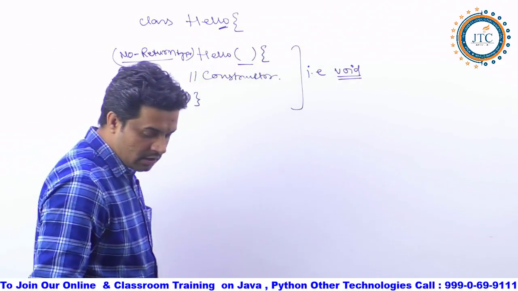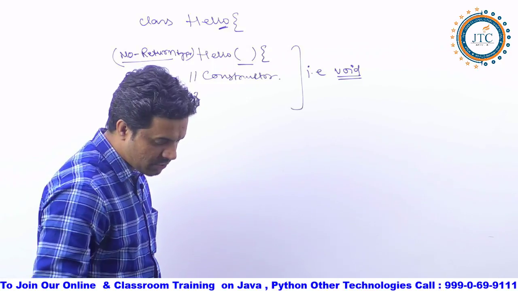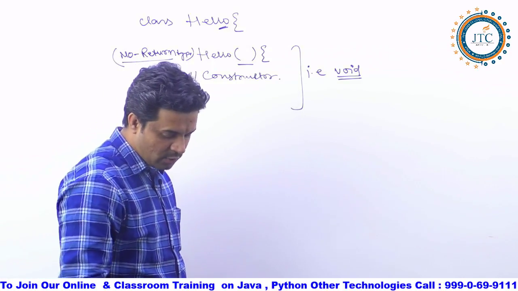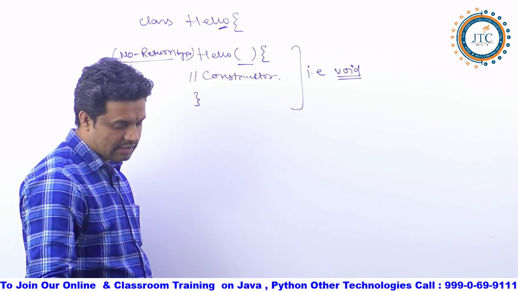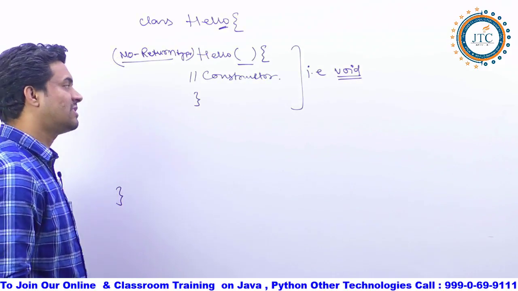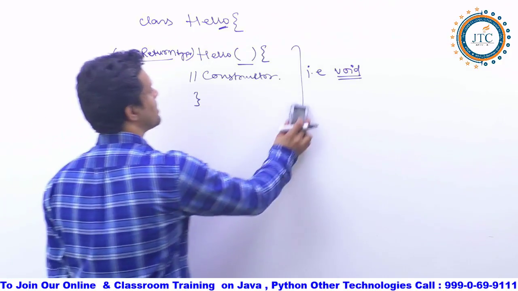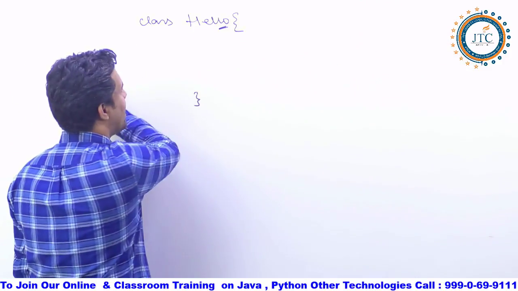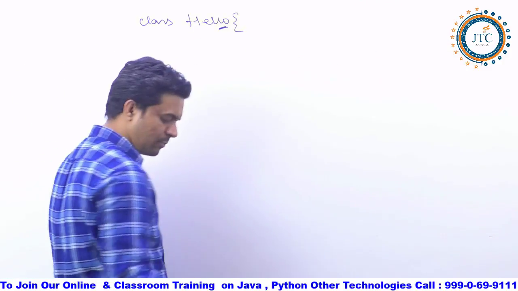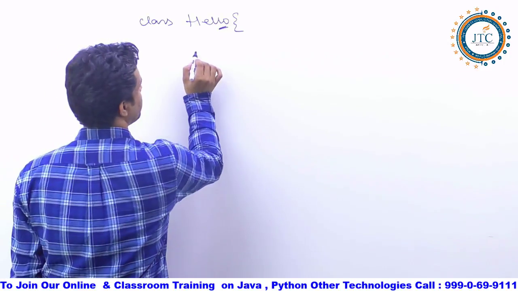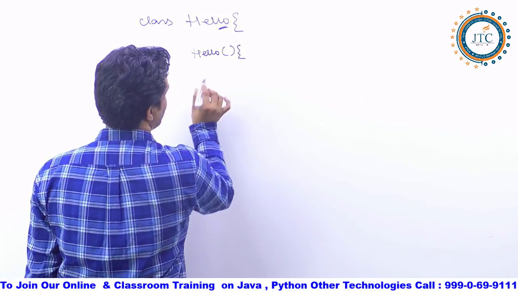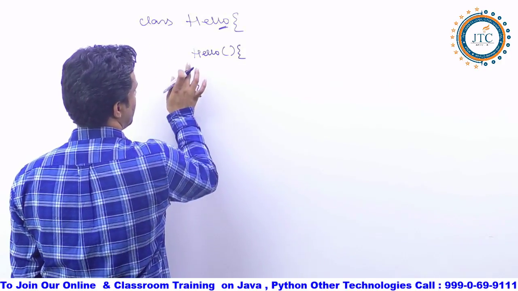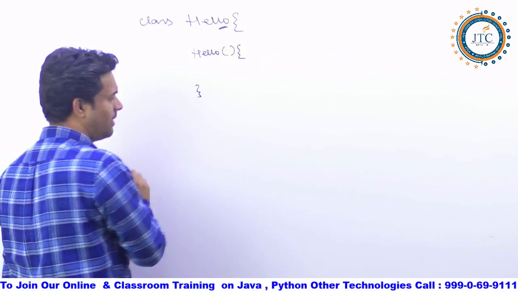Now there could be different types of constructors which we could write here. There could be n different types of constructors we can write. The first thing is, suppose I am writing a constructor hello. Here I have not written any parameter, right?